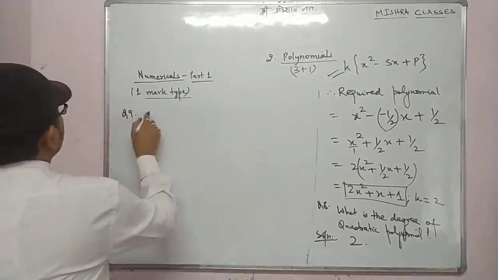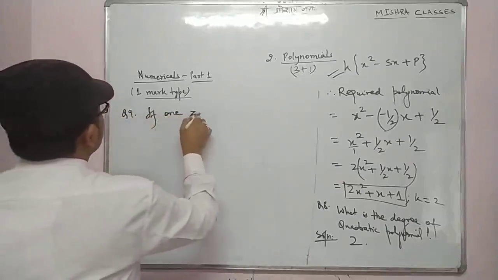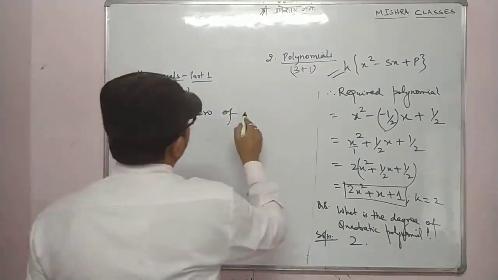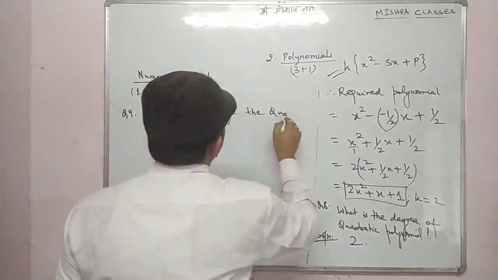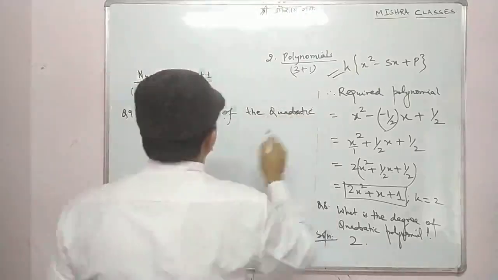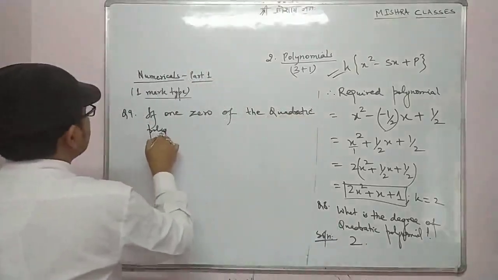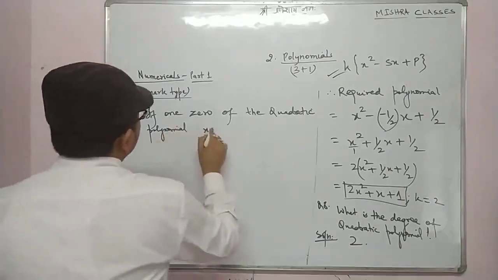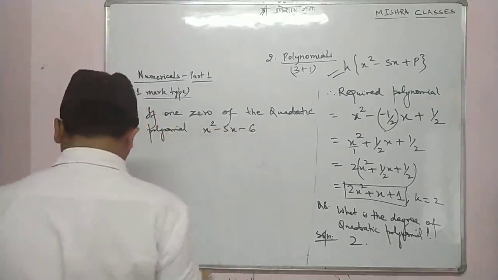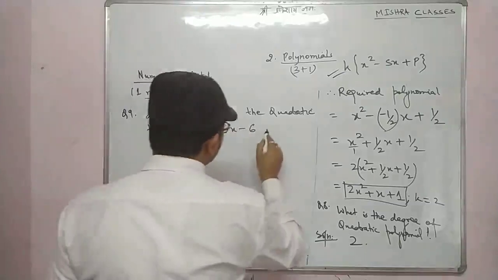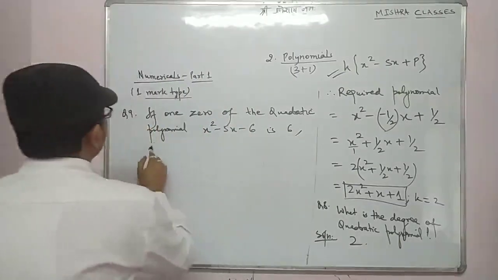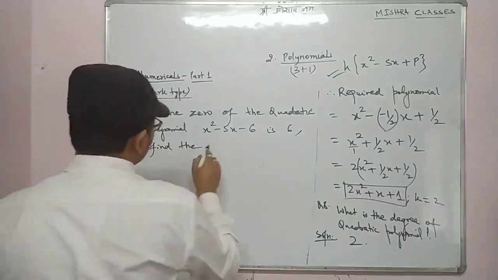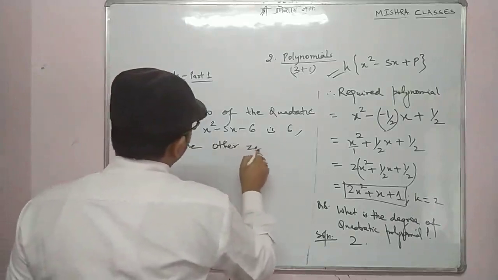It says if 1 zero of the quadratic polynomial x square minus 5x minus 6 is 6, find the other zero.